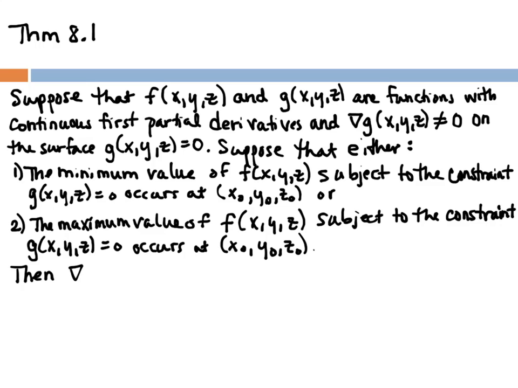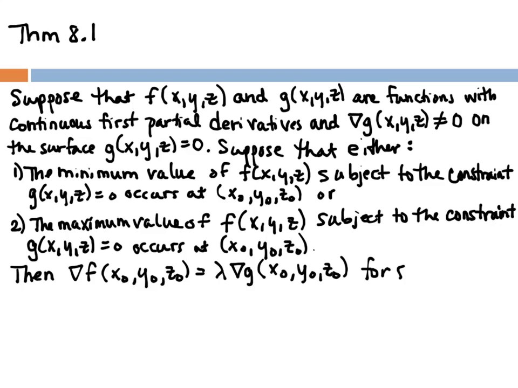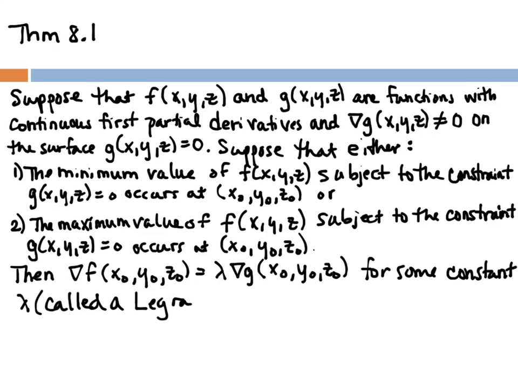Then the gradient of f at x0, y0, z0 equals lambda times the gradient of g at x0, y0, z0 for some constant lambda, which is called a Lagrange multiplier.